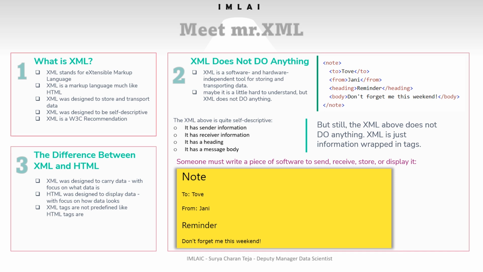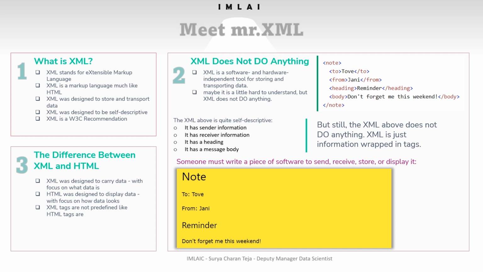This is a very important differentiation between XML and HTML from a script-writing perspective. For a developer, the very important differentiation is that XML tags are not predefined like HTML tags are.